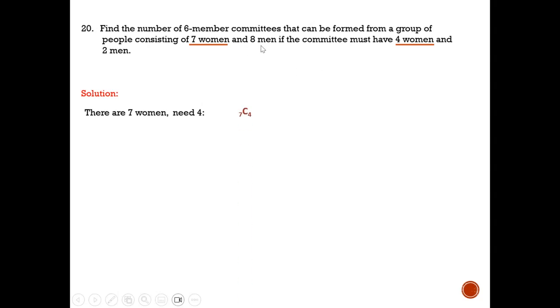From the 8 men, we need 2, so we're going to choose 2. So it's going to be 7 combination 4 times 8 combination 2. 7 combination 4 will give us 35. And 8 combination 2 will give us 28. So 35 times 28 will give us 980. That's the answer, guys. That's how many possible committees there are.